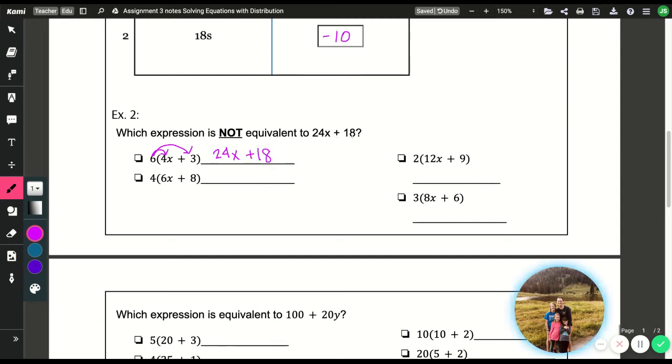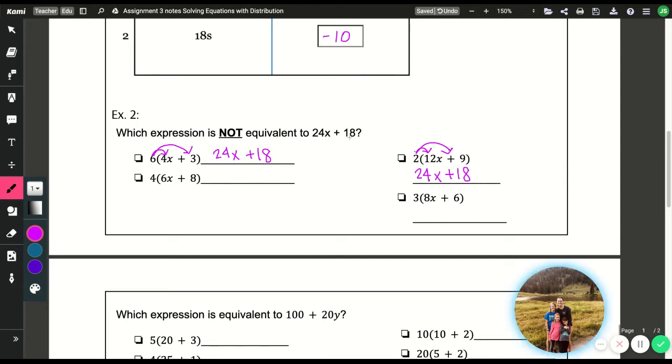Well, that does equal 24x plus 18, and we're trying to find the one that is not equivalent, so we need to keep going. So for this next one over here, we're going to distribute or multiply this number in front through to both terms inside. So 2 times 12 is 24, and we have the x. And then 2 times 9 is 18.